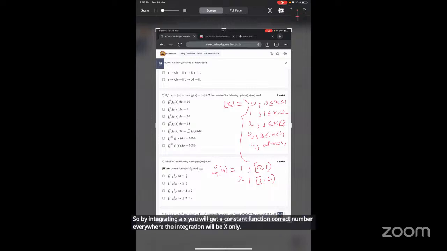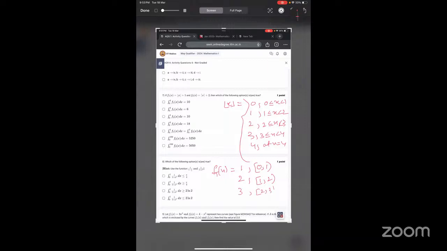And here we will just divide it into different intervals. That means we will get a different constant, then we have to just add it. Okay. This is our first function f1 of x.